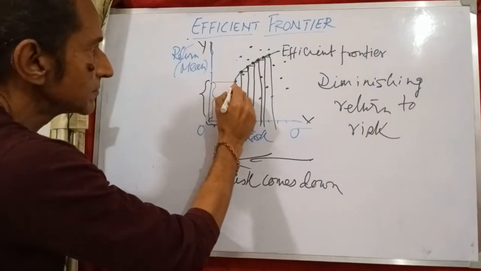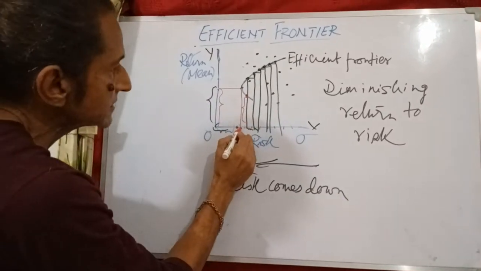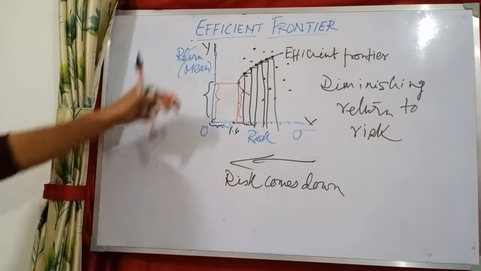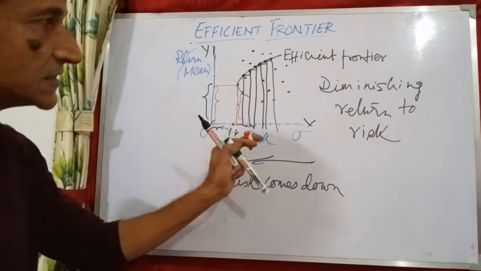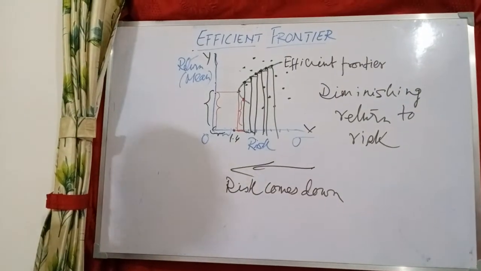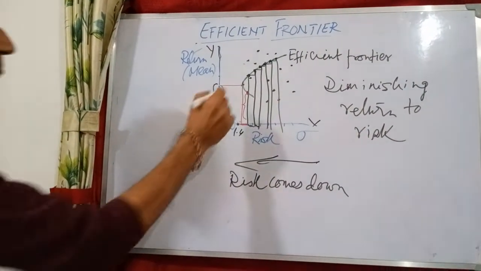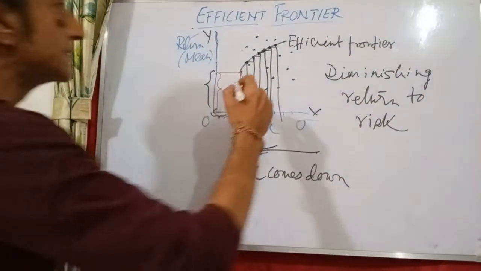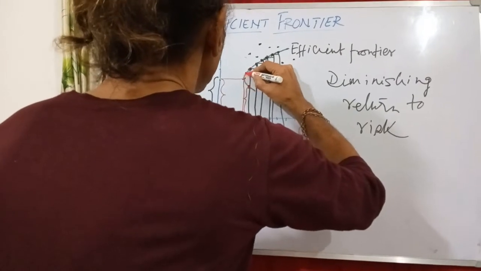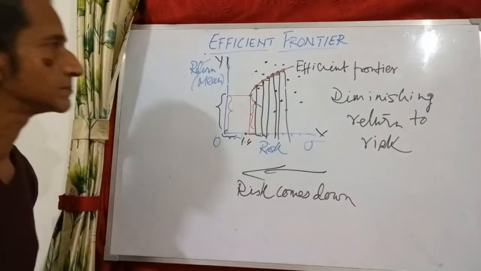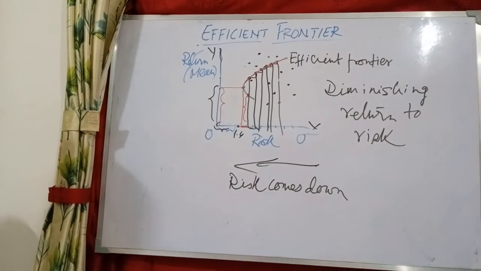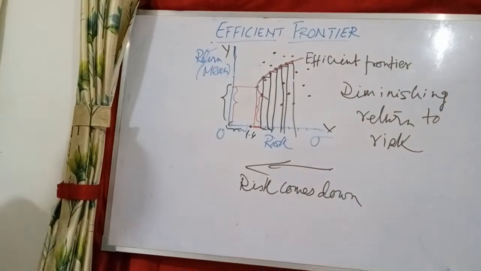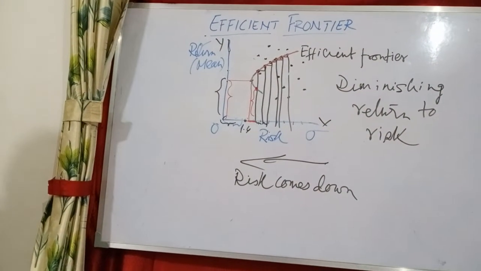At the same time, risk is increasing by this much. So return is falling and risk is increasing. So no rational investor would move below this point. So this is the relevant part of efficient frontier.